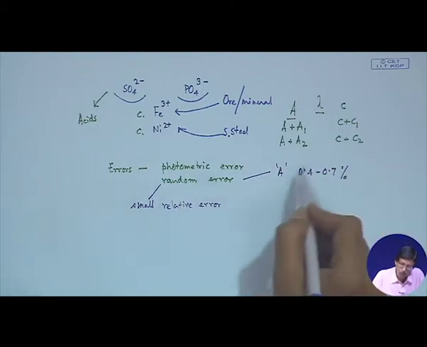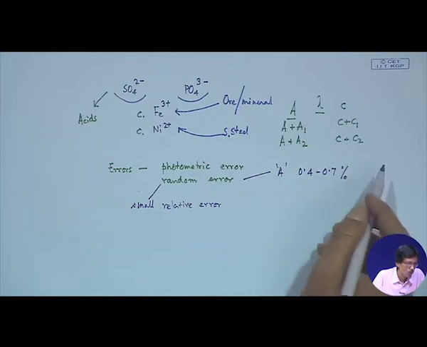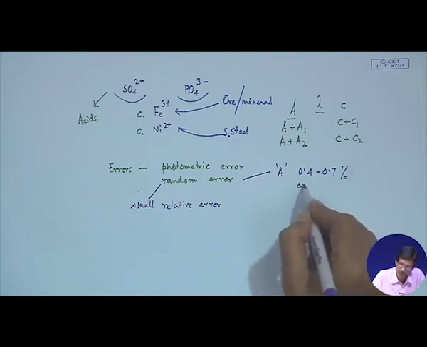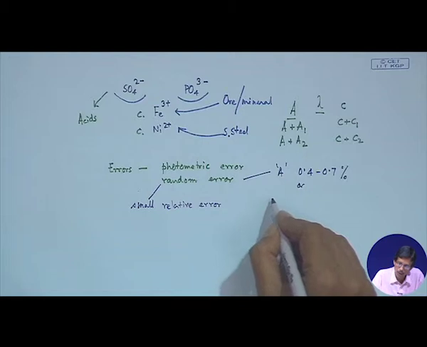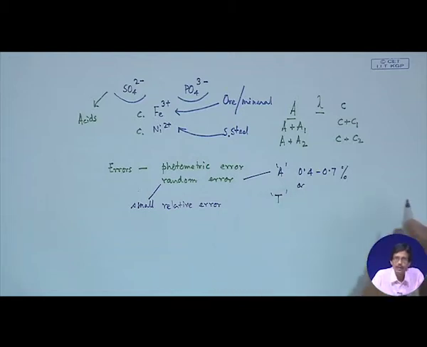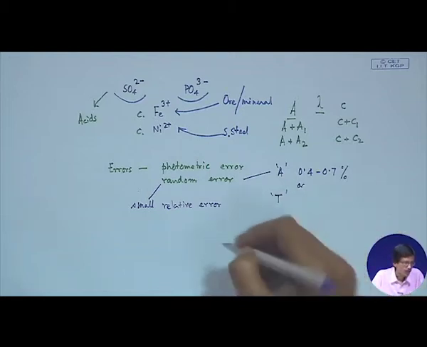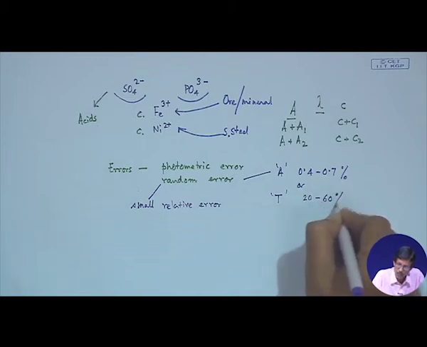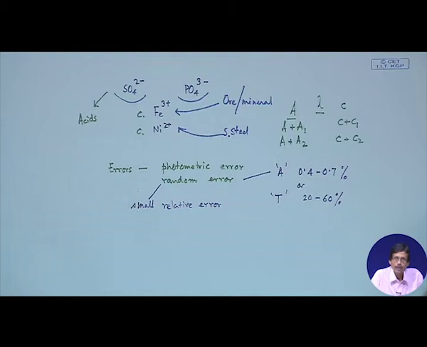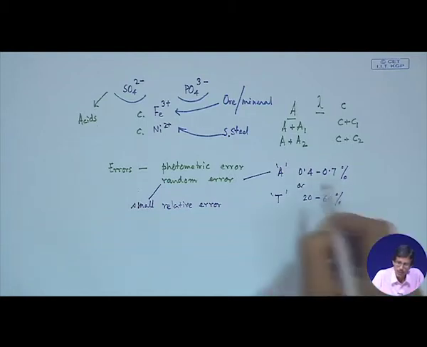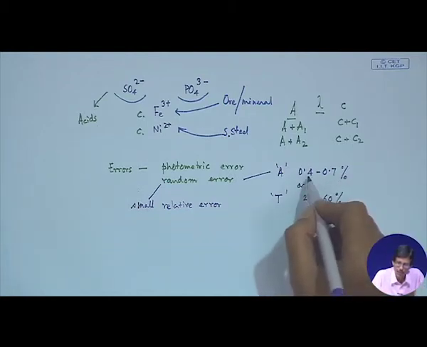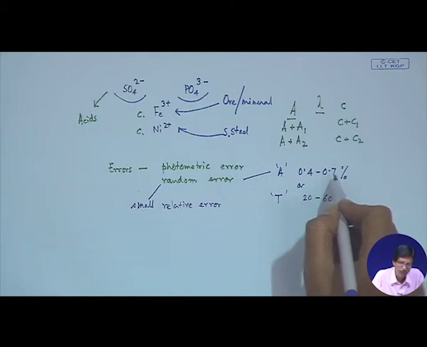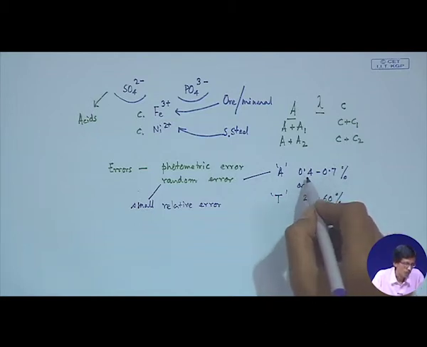We should not go below this value, and we should not go above this value, which is directly related to your T value, the transmittance. The corresponding transmittance is only 20 to 60%. So, if you have a transmittance of 20 to 60%, we should get an absorbance value of 0.7 down to 0.4.